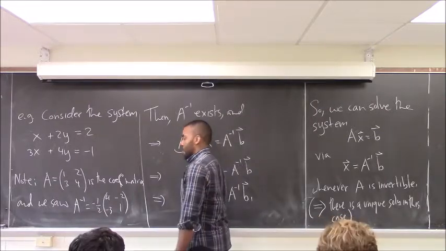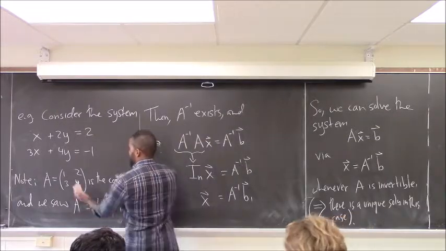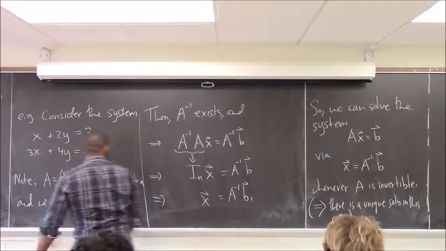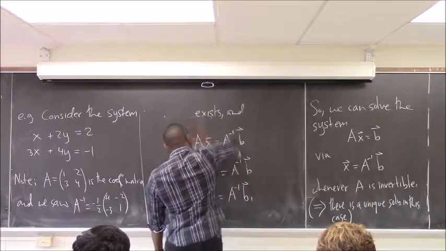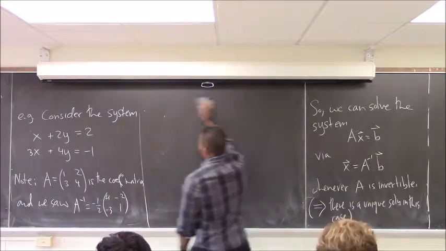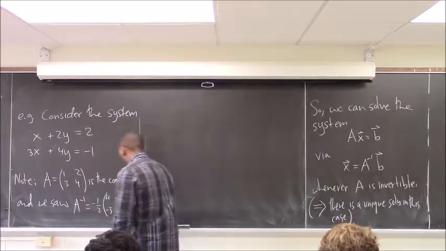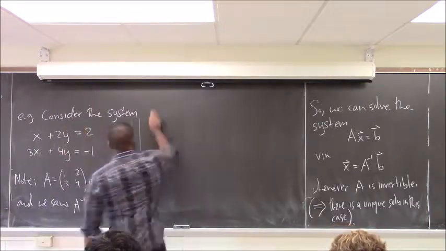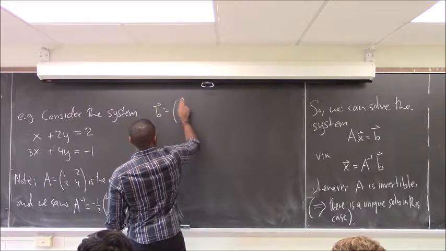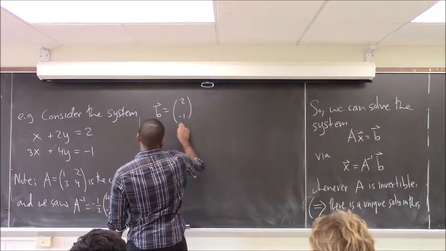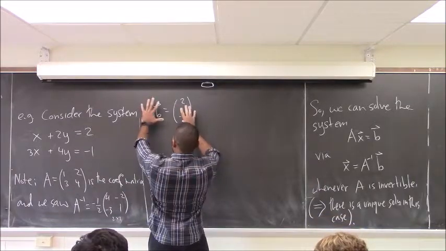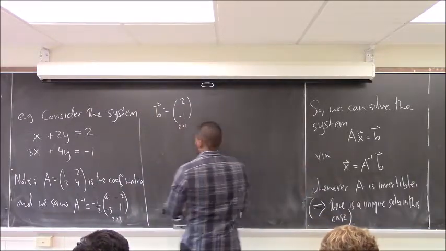I wonder what would happen if I take this and multiply that. Let's see. So first of all, there's a certain order that has to go in because this is a 2 by 2 and our B is a 2 by 1, which means I have to multiply it so that the A inverse is on the left, which is what the theorem says anyway.